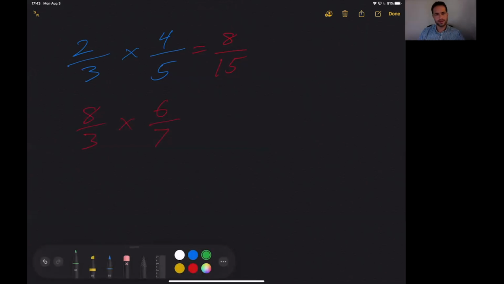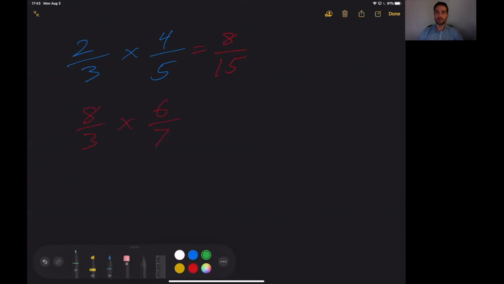Is there any number that goes into 8 and 3? No, there isn't. So then we look at 6/7. Is there any number that goes into 6 and 7? There is not. So now we look at the actual cross-canceling part. We look at 8 and 7. Is there a number that goes into 8 and 7? There is not. But now we look at 6 and 3.